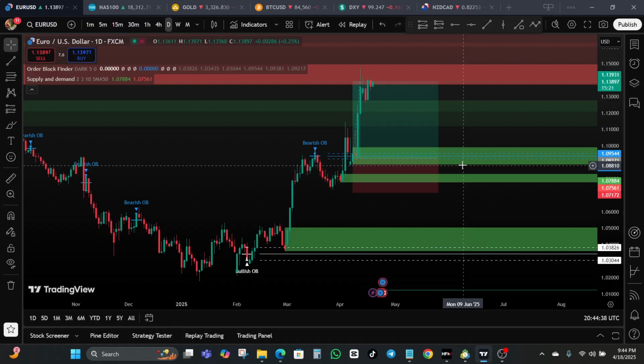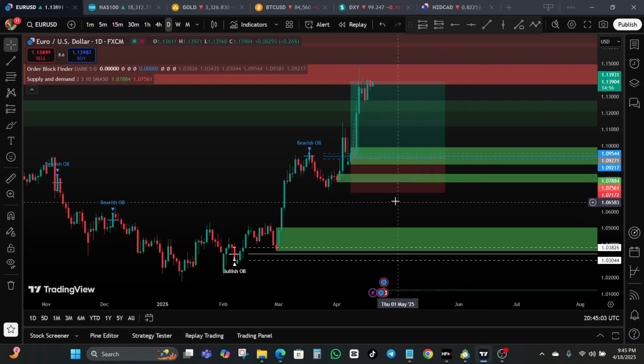Okay, so what makes this even more powerful are the built-in signals. All right, these are based on market structure shifts and volume analysis. When price hits a key zone and aligns with an internal shift in structure, it could be a good signal. No more waiting, no more wondering.